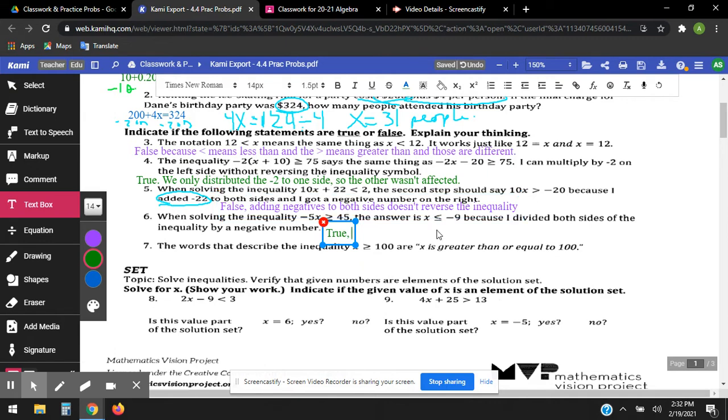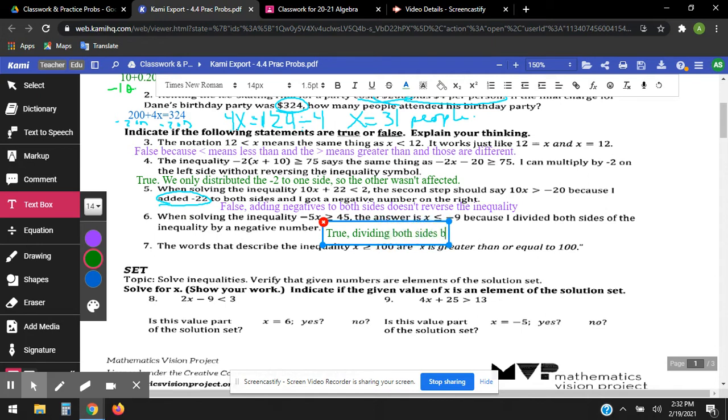We can even test this. Multiplying by -9 would turn this positive and make it equal. But if I multiply by -10, which is smaller than -9, I have a positive 50. That keeps it greater than 45. So true.